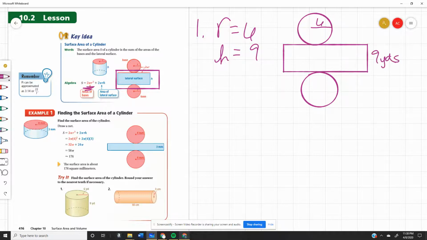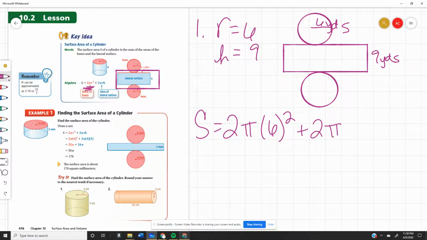This is yards. So my surface area is going to be 2 times pi times the radius squared plus 2 times pi times the radius times the height. Okay?